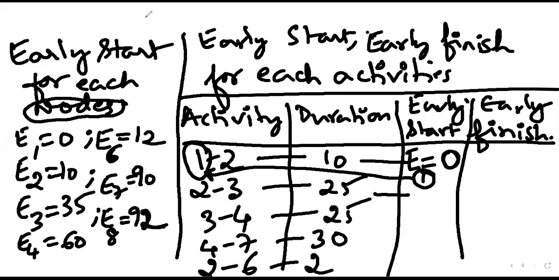So what is the starting node for 2-3? From which point does the 2-3 activity start? Node number.